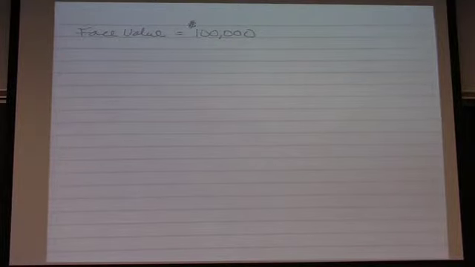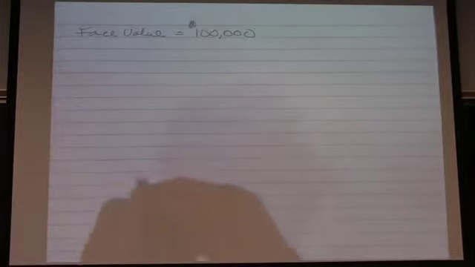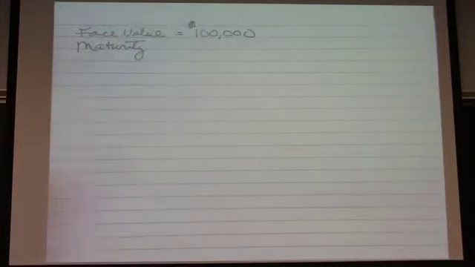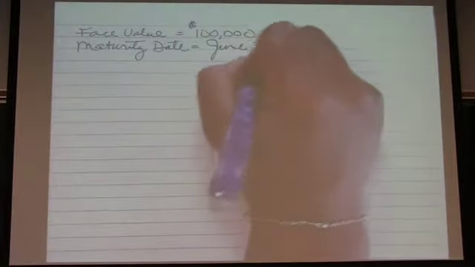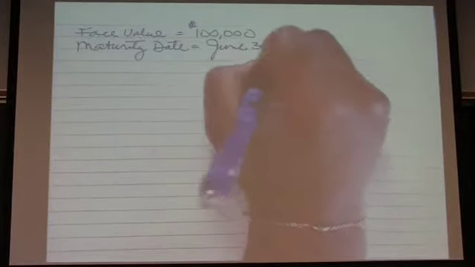So if a company borrows and issues bonds, at maturity it would have to pay $100,000. And the maturity date, I am creating this scenario, so this is when the bonds are all due. It is on June 30th, 2016.